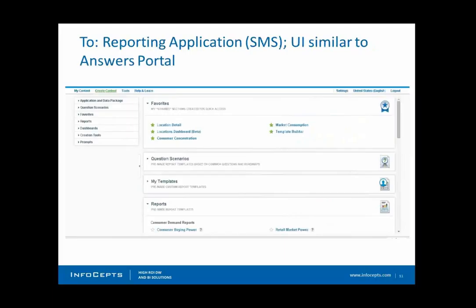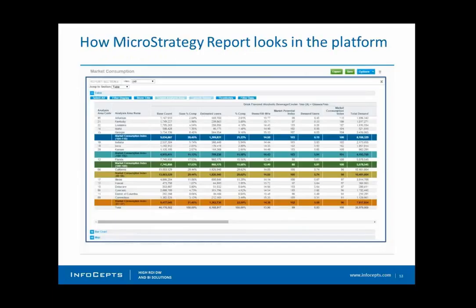If you see, the look and feel is similar, so the users don't get lost. This specific page is built outside of MicroStrategy using EXTJS, but the point is that you've flown from the central portal to the application. The look and feel is similar on that, and now this is how the MicroStrategy application looks inside the platform, right?